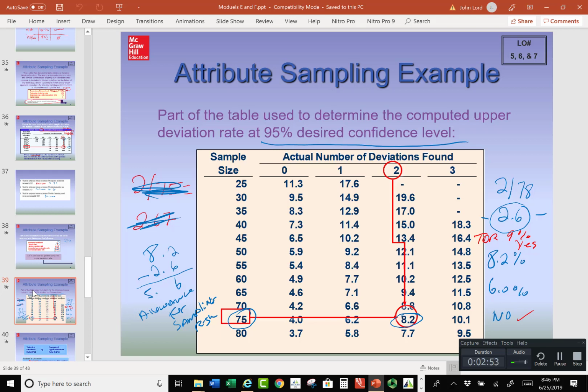Okay, so you read the results, and what happens? The results told us it was 2.6%, didn't it? Okay, but the table is telling us what? It could be as high as 8.2%. Okay, and again, like we saw in the previous slide, if my tolerable deviation rate was 6%, then no, I'm not going to rely on that control.